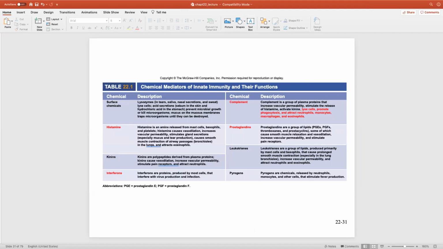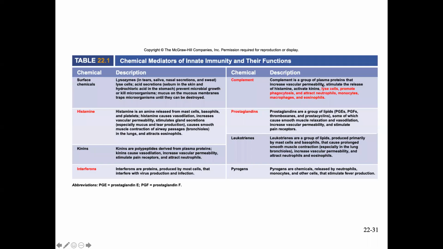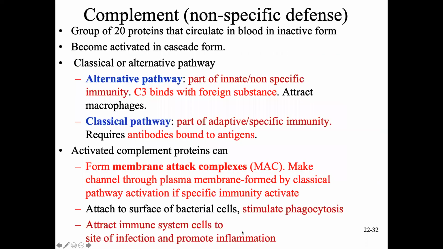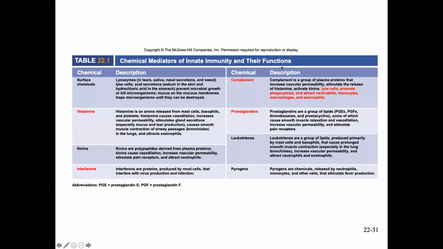Complement is a group of plasma proteins that increases vascular permeability. That's the second one that increases vascular permeability, meaning it is something that we want to achieve: to spread out the blood vessels, to make sure that fluid leaks out, and to make sure there's more space for white blood cells to leak out.